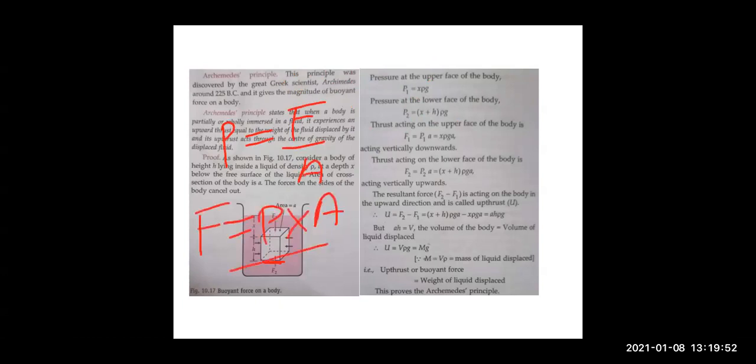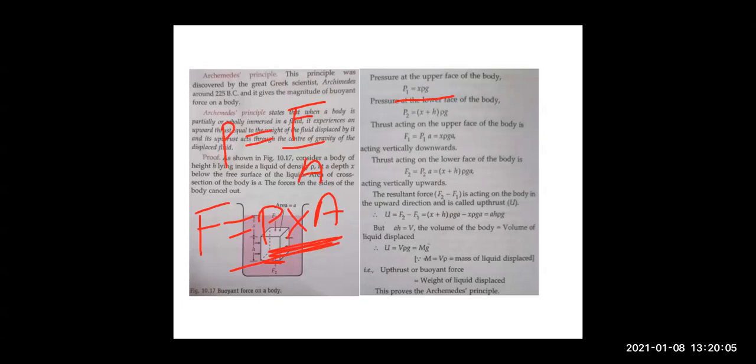Right children? Now children, we know that pressure equals force upon area. So can we write force equals pressure into area? So let's calculate here. The pressure on the upper face is rho gx. So the force on the upper face will be pressure into area.